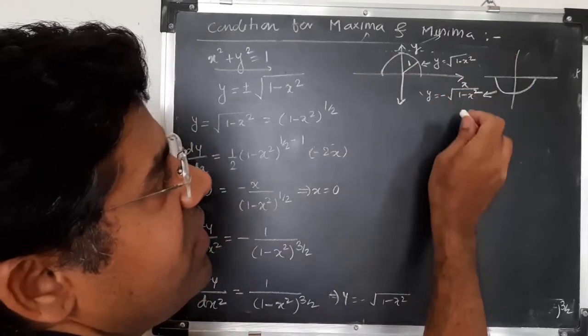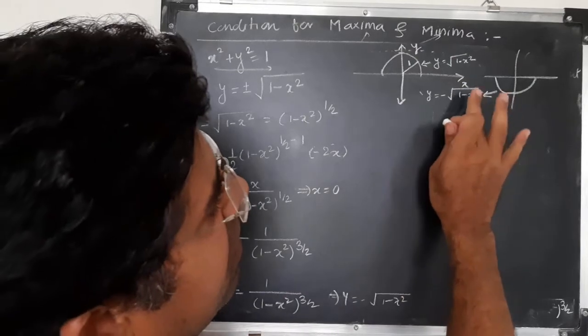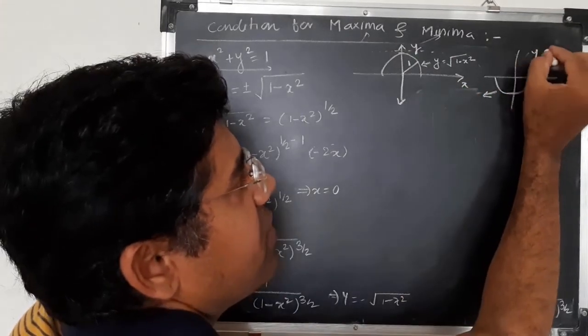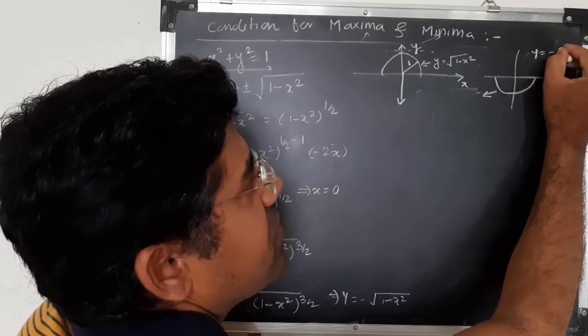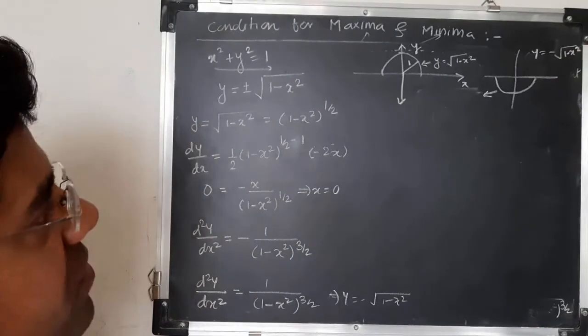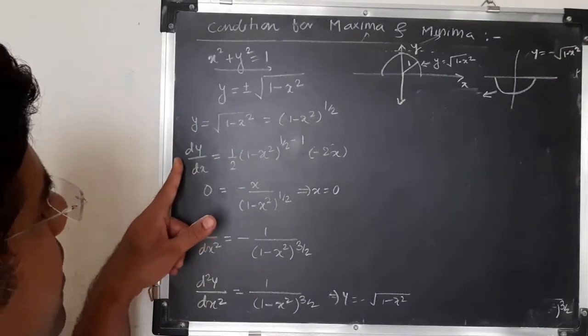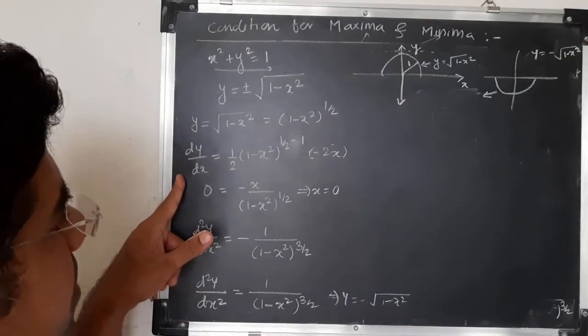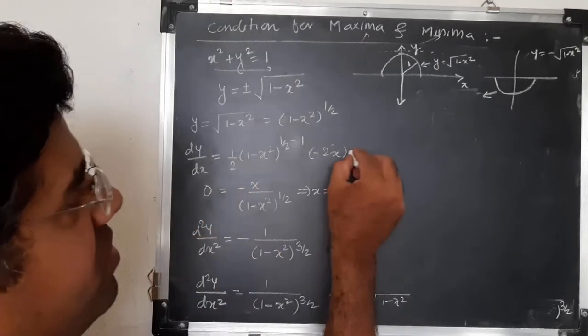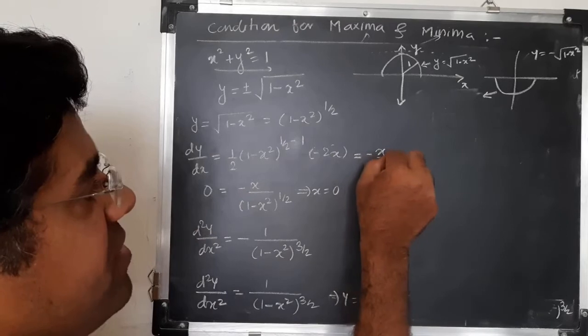Now you have to find dy by dx. You will get the value minus x divided by y.